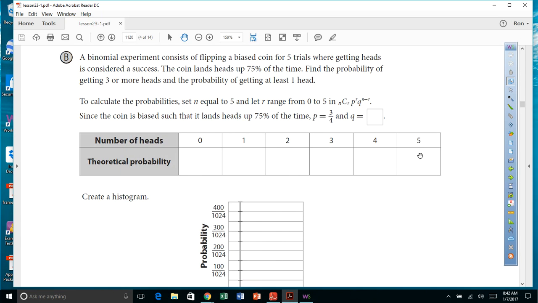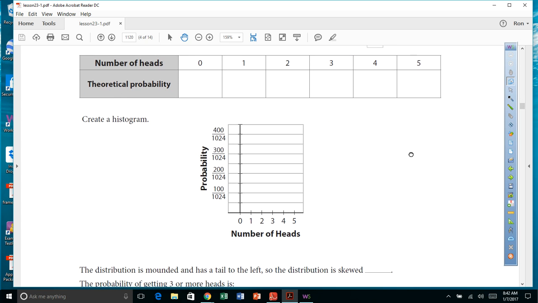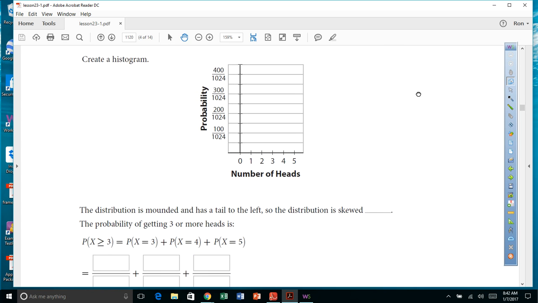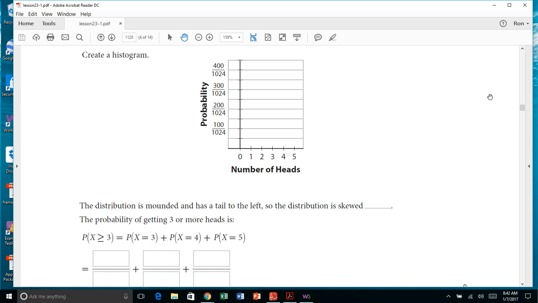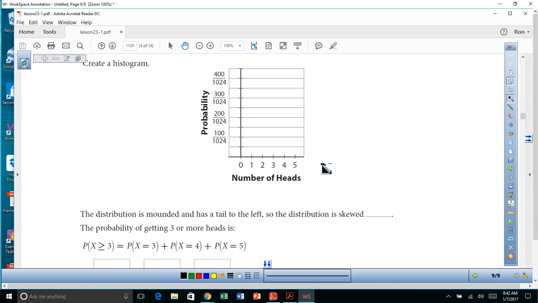And let's do our histogram. So 0 was 1 over 1,024. So that's going to be, let's just draw a little line right there. That's 1 over 1,024. Probability of 1 was 15, and that's not going to be much higher.